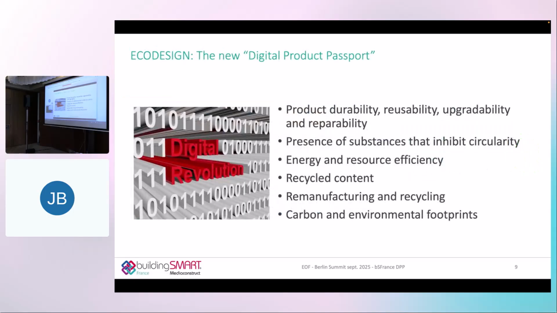So when we get now, precisely, to the digital product passport, it's about everything that can describe the product in terms of its durability, how we can reuse it, can it be repaired, what is it composed of, what are the substances in it, the energy efficiency related to the product or the component, the building component or building product, what can be recycled, how can it be remanufactured, and also the carbon and environmental footprints as a result of all this.